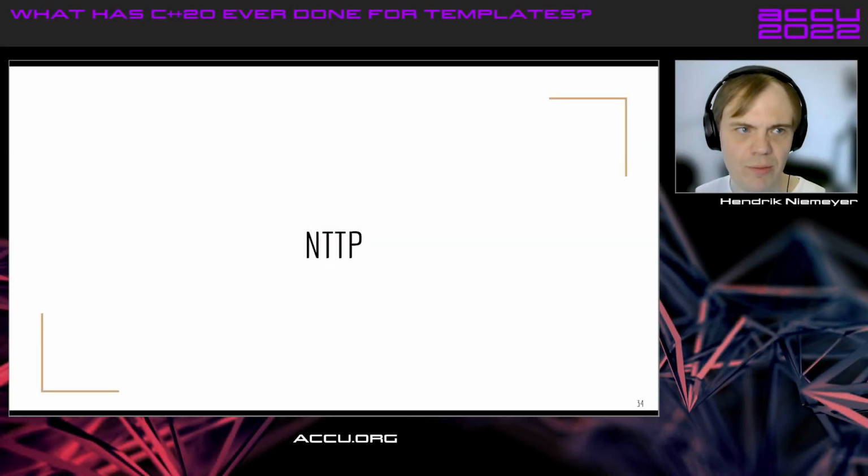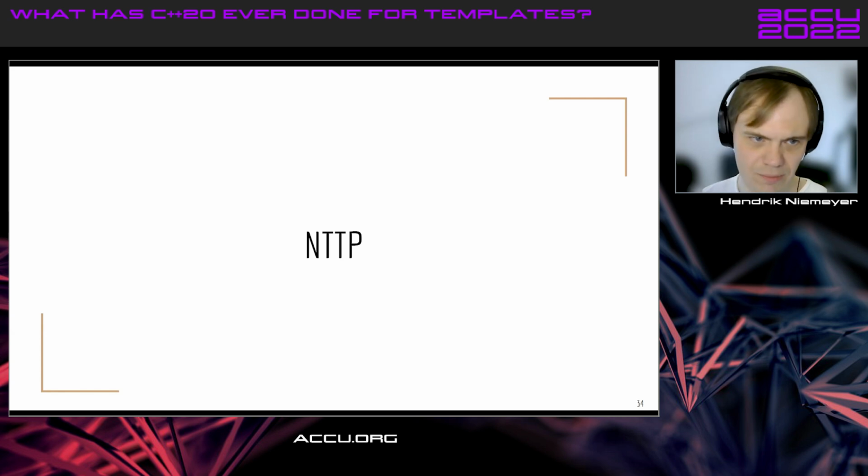As most people might know, non-type template parameters were fairly limited before C++20. You could use integral types, enums, pointers, null pointer, but that's about it, not much more.